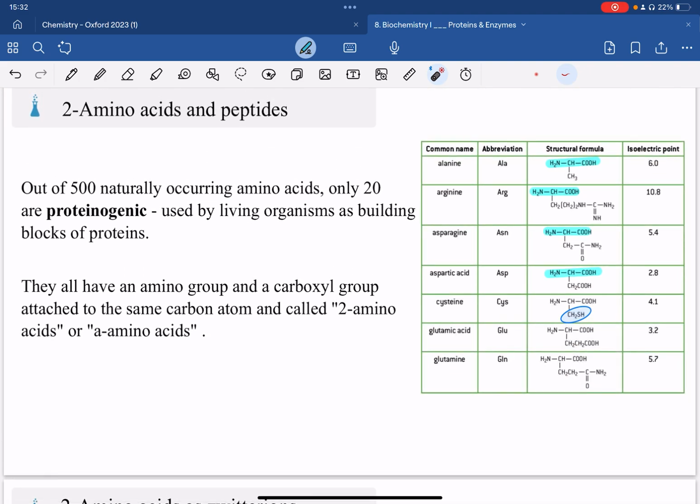We have to know, by the way, this will be provided for you. Alanine, arginine, so these are the amino acids. Proteinogenic amino acids, meaning that these are in our body. Or they are sometimes called alpha amino acids.